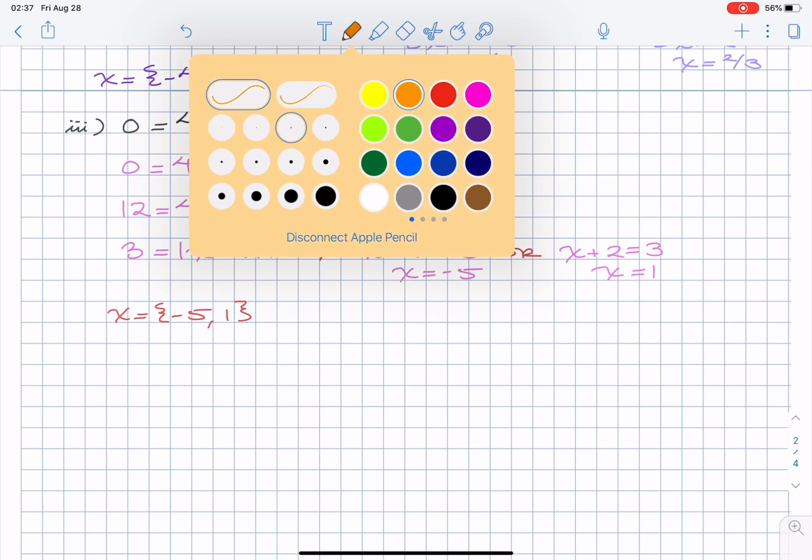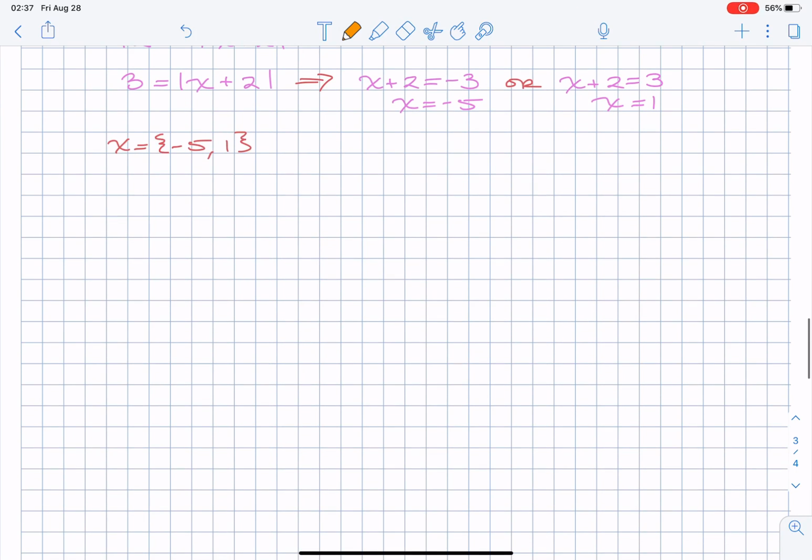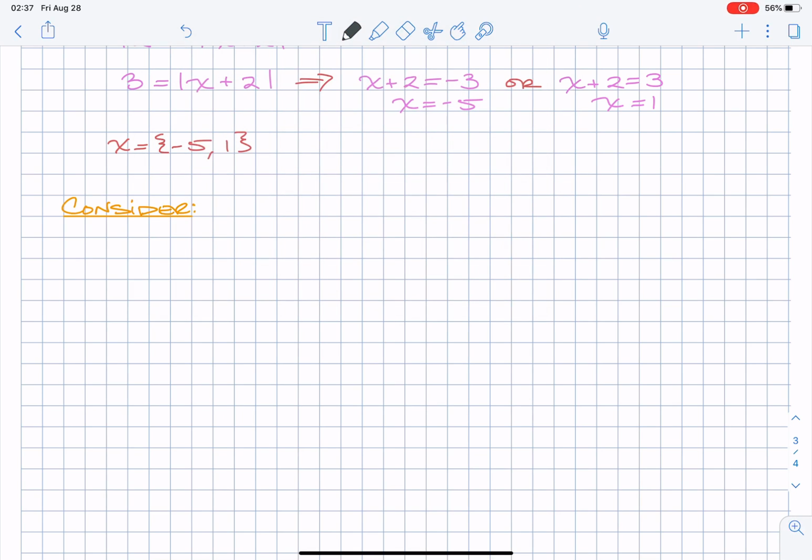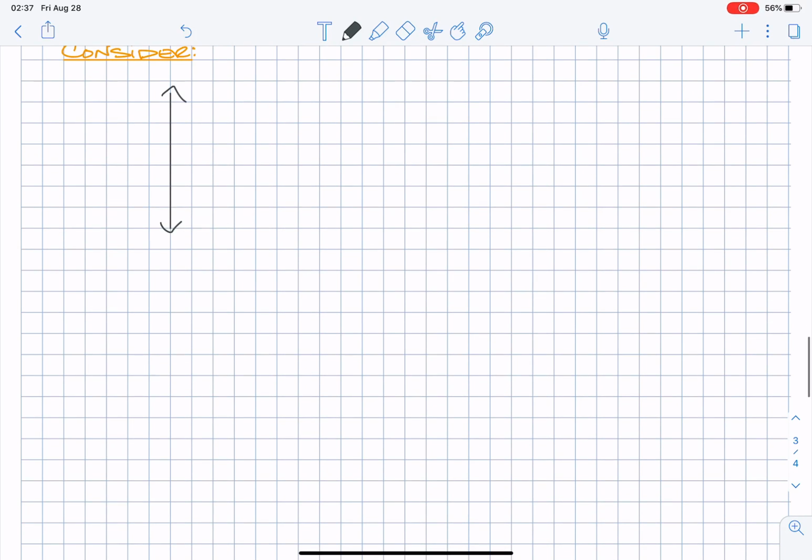Okay, so let's consider the following. How about the graph of just the regular absolute value of x? So x and y coordinate axes, let's go ahead and do it here. x and y.